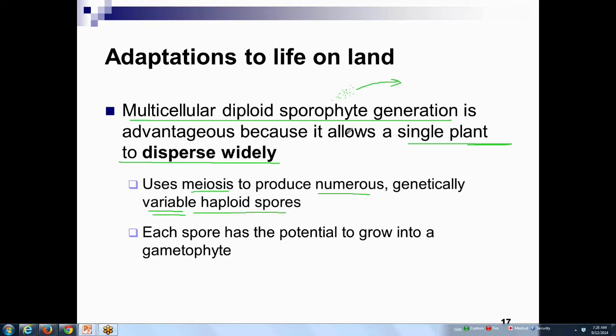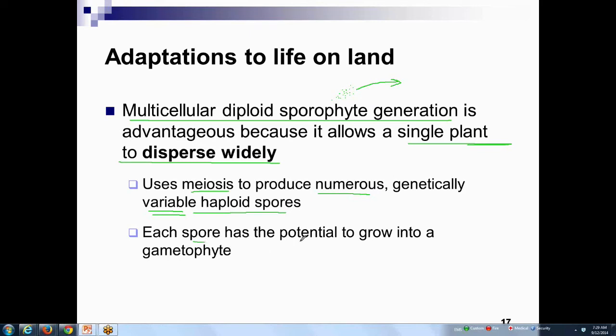So remember, guys, in the sporophyte generation of the sporic life cycle, the sporophyte generation produces spores using meiosis. And as you know from meiosis, we're going to have all types of crossing over. We're going to create new combinations of alleles. We're going to produce lots of genetic diversity. So each of these spores is genetically unique.